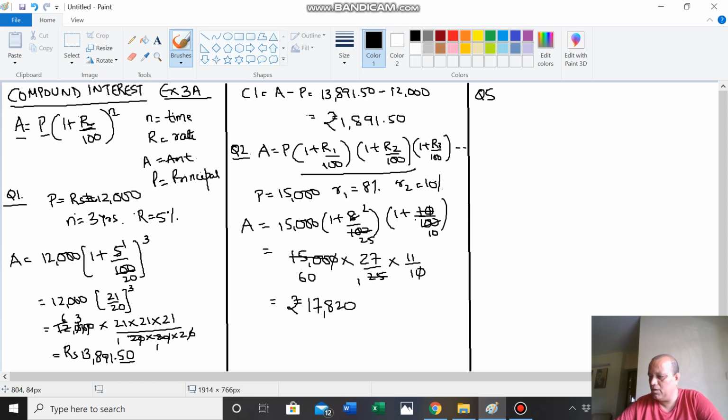On what sum of money will the compound interest for 2 years at 5% per annum be equal to 768.75? Perfect. So on what sum? P is not given.